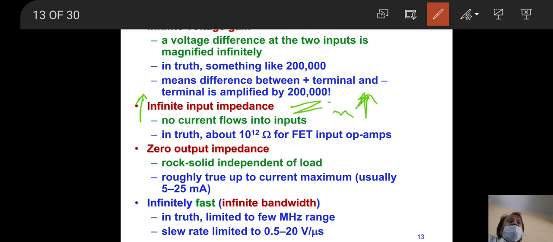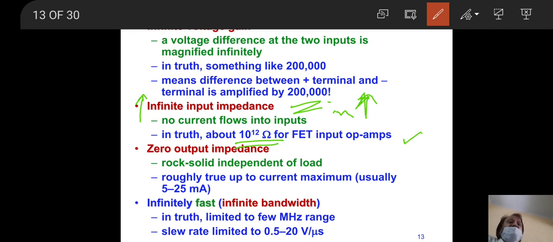The value is considered to be 10 raised to 12 ohms; the input impedance of the operational amplifier is 10 raised to 12 ohms for FET input amplifiers.